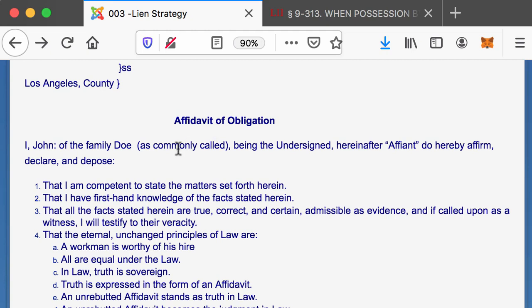It doesn't really matter that the number of states that accept the four corner rule is in decline because, my understanding is, this affidavit, as we just discussed under the UCC, is a security agreement, a contract, right? It's authenticated by the debtor because the debtor actually signs that oath record.